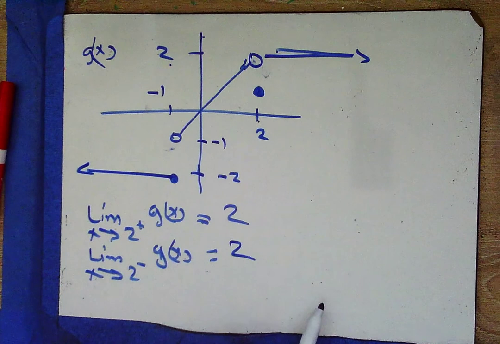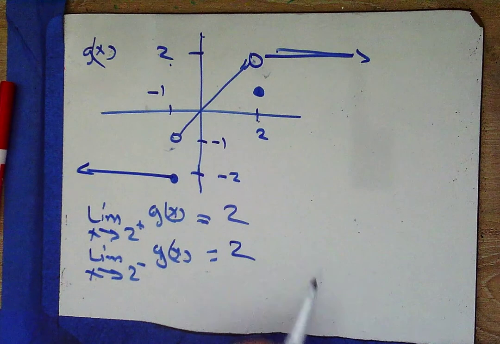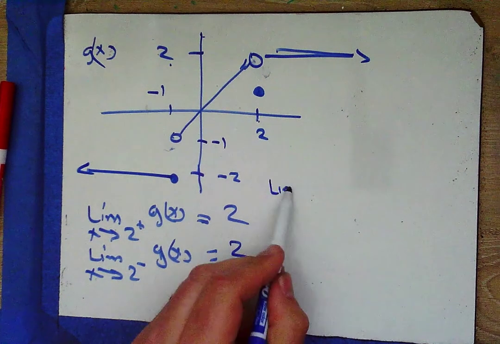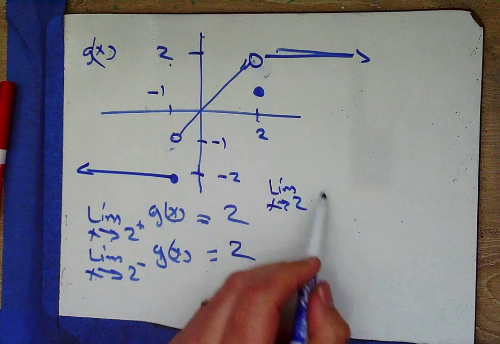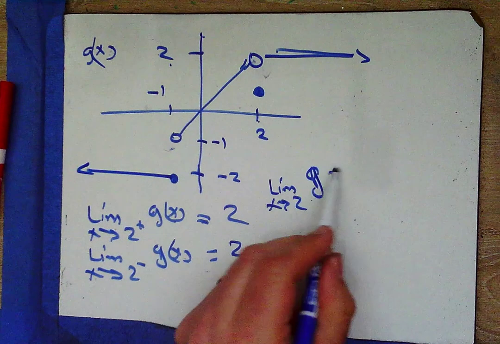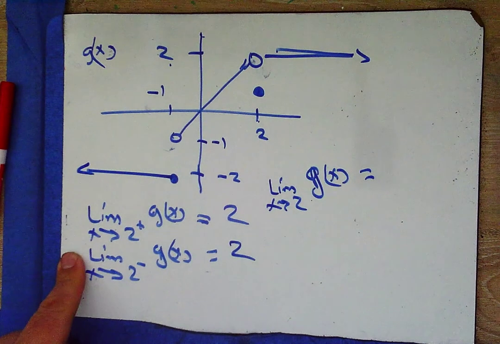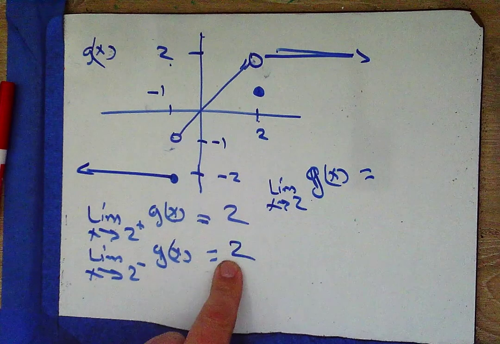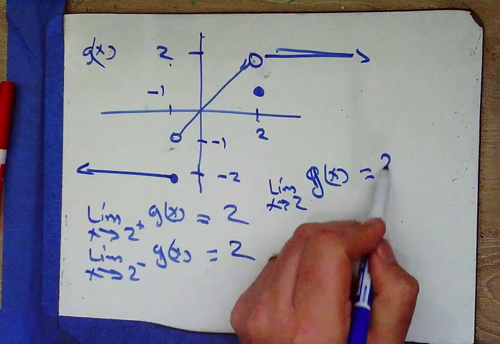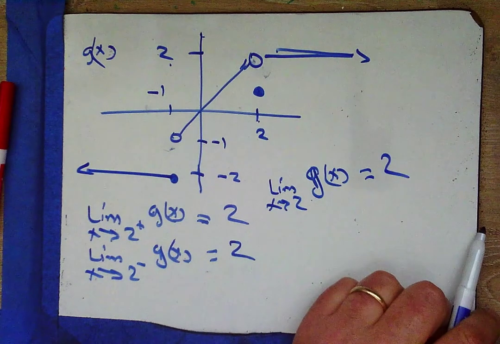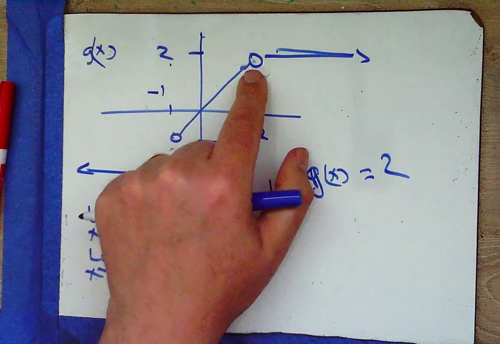And the y values are also approaching 2. So then, what about the limit as x approaches 2 of g of x? Well, because these limits are the same, and they're both equal to 2, the limit at the point must also be equal to 2.